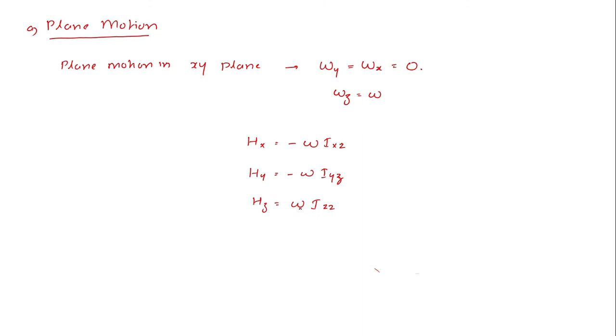So this equation gets reduced to this format. In case of a plane motion, the equation H vector is equal to minus omega into Ixz into i cap minus omega into Iyz into j cap plus omega into Izz into k cap. Here I am representing only the scalar values of omega. This is one case.